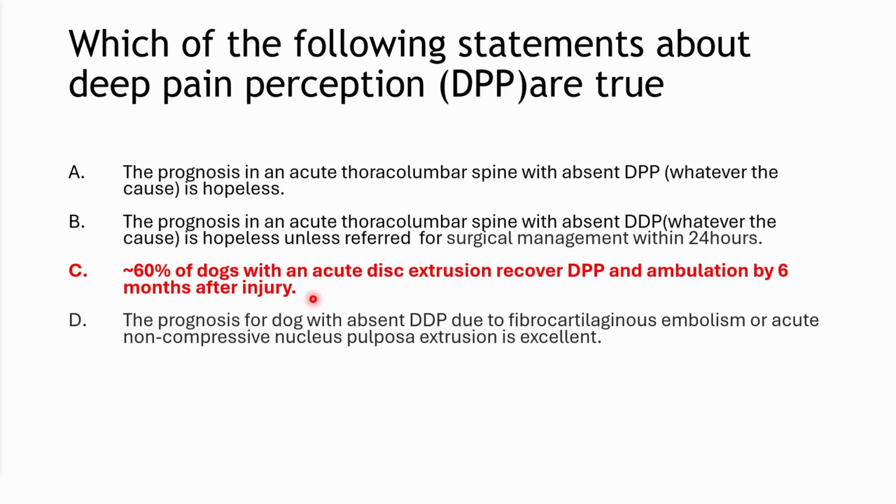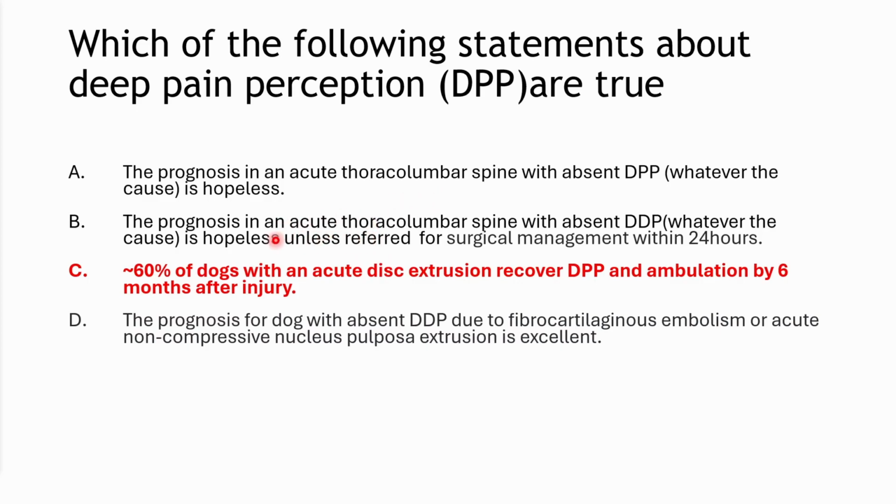because recent studies out of Cambridge University have suggested that at least dachshunds managed non-surgically can recover deep pain perception. It's more difficult maybe with other breeds, because certainly some of those breeds like French bulldogs will also have problems related to their breathing, which can affect their prognosis.